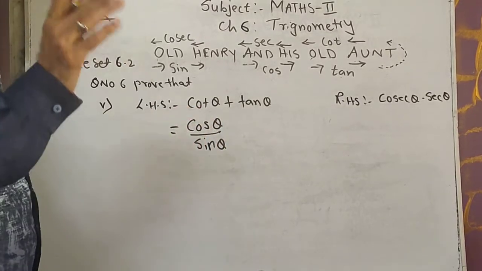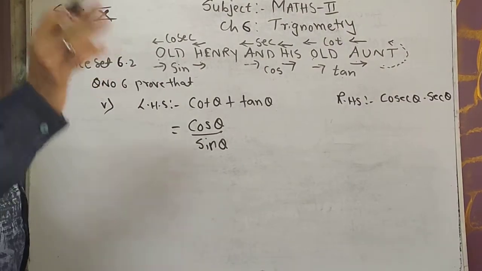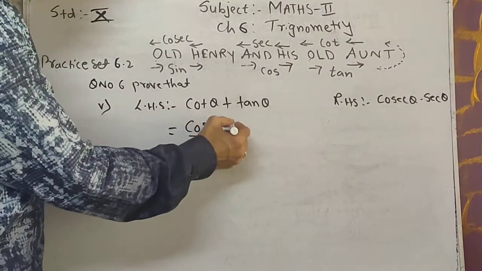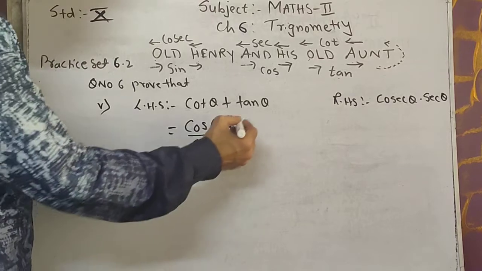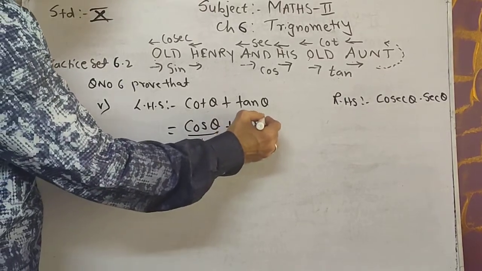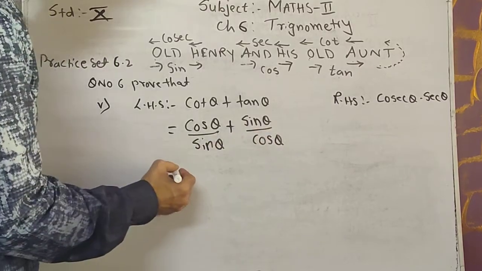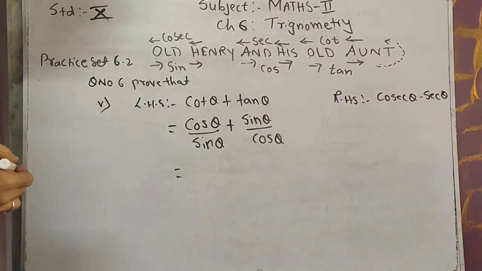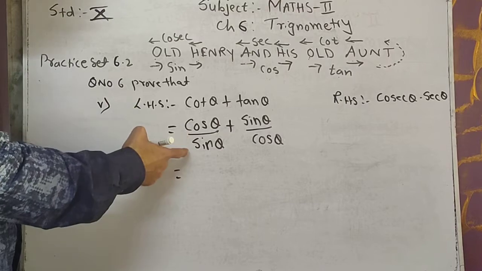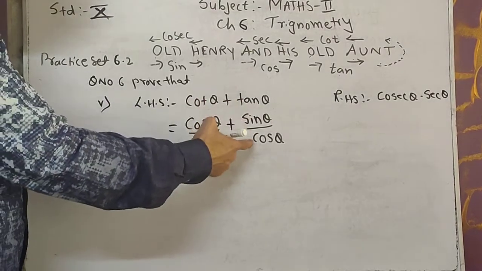You have to bring it in the form of sin and cos only, to solve in an easier way. And plus tan theta means sin theta upon cos theta.